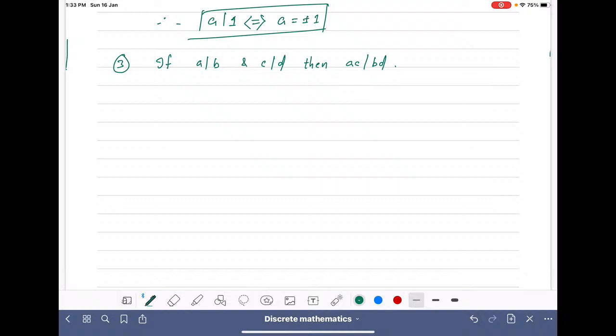Prove that if b is divisible by a and d is divisible by c, then product of b and d is divisible by product of a and c.